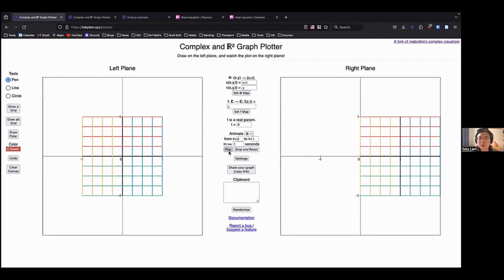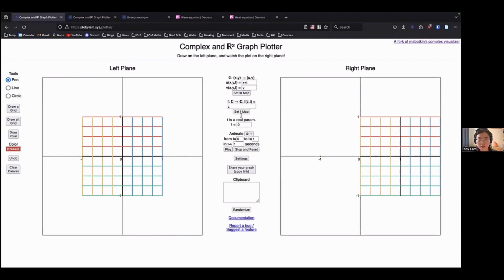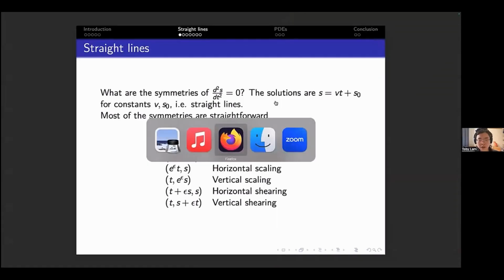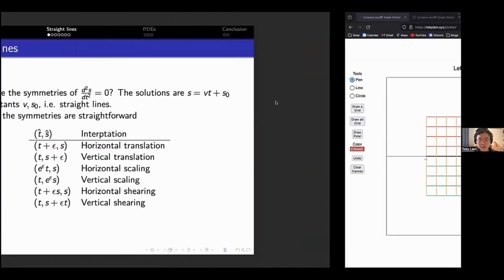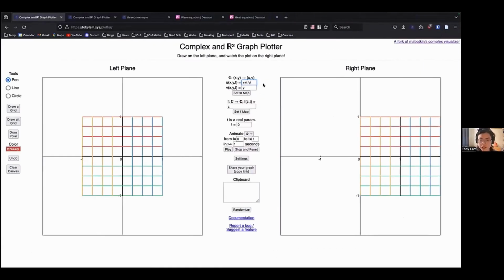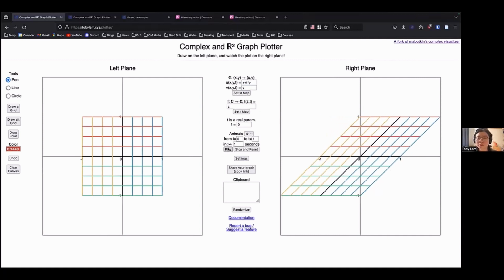And as you can see, no matter what parameter you throw at it, no matter how much you horizontally translate, every straight line is still going to be a straight line. Something more complicated would be, say, a shearing map. And shear, as we know, still preserves straight lines.